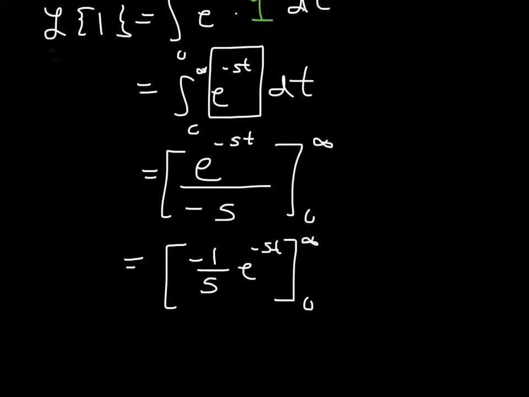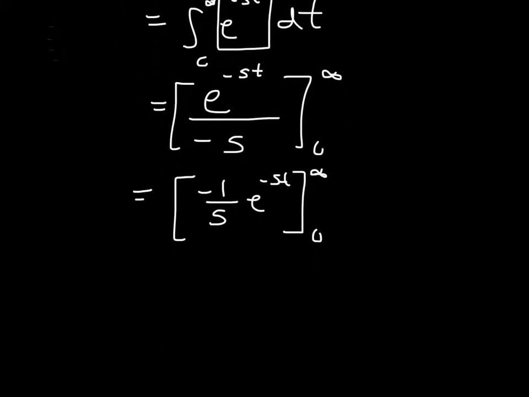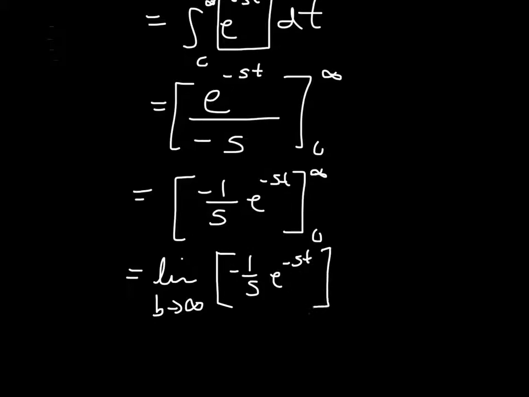from 0 to infinity. But we can't evaluate at infinity, so we write the limit as b approaches infinity of negative 1 over s e to the negative st, from a to b, and my a is 0 in this case. This guy is going to be my b.